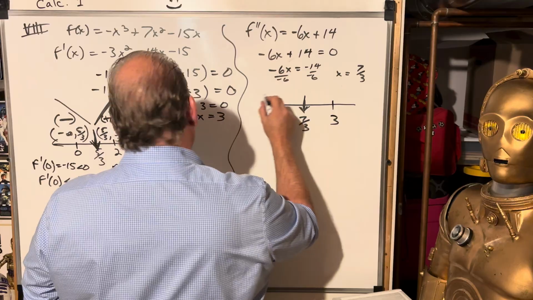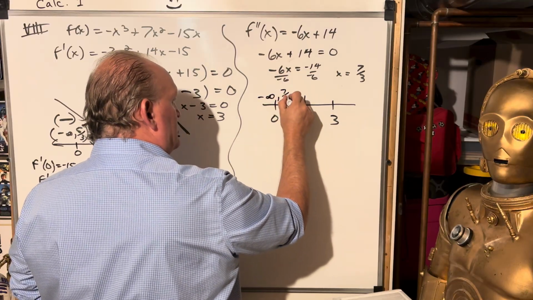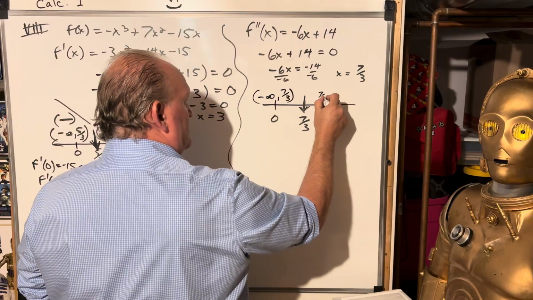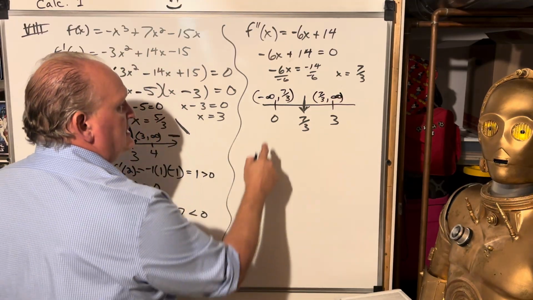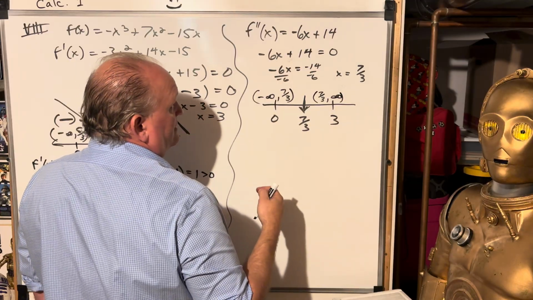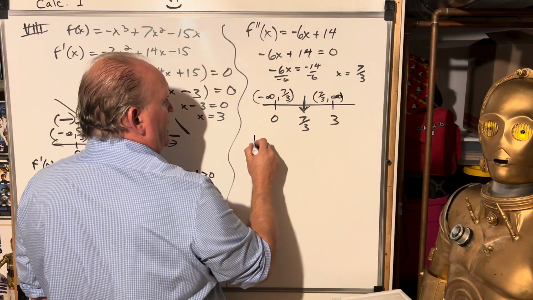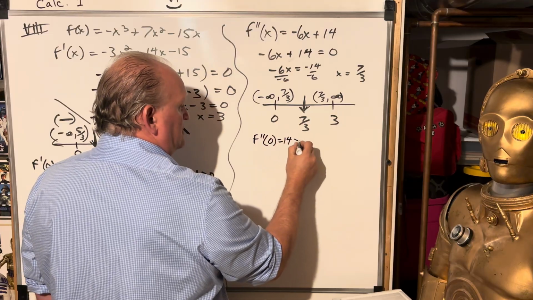Remember, this interval is -infinity to 7/3. This one is 7/3 to positive infinity. And now when I put in the 0, I'm going back up there. And that is 14. So f double prime of 0 is 14, which is greater than 0.